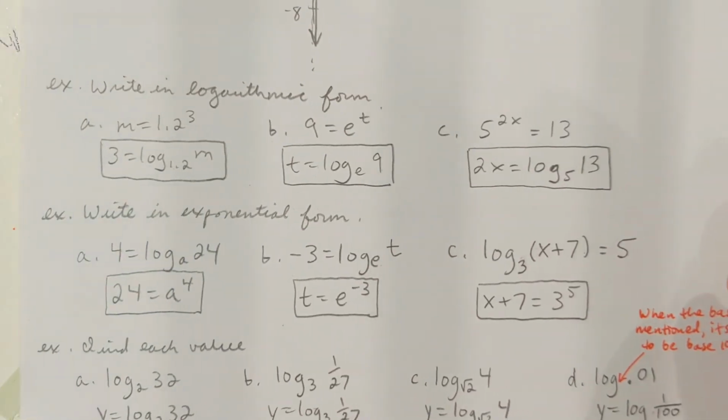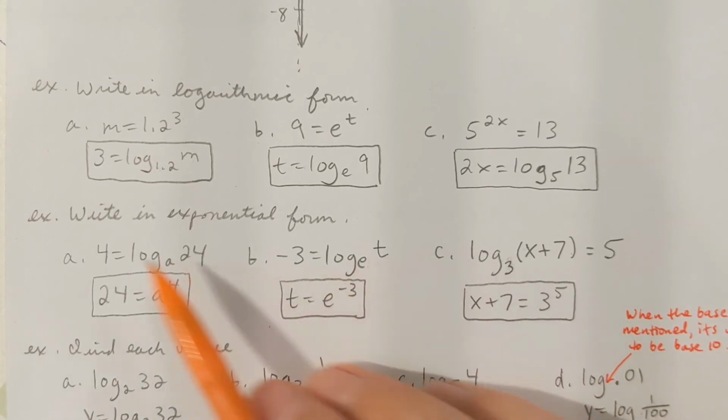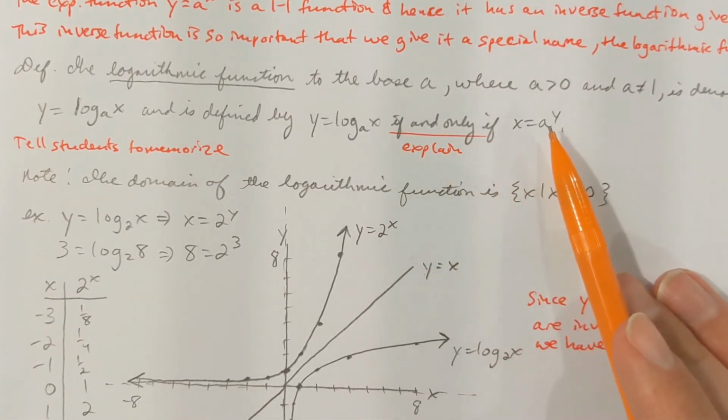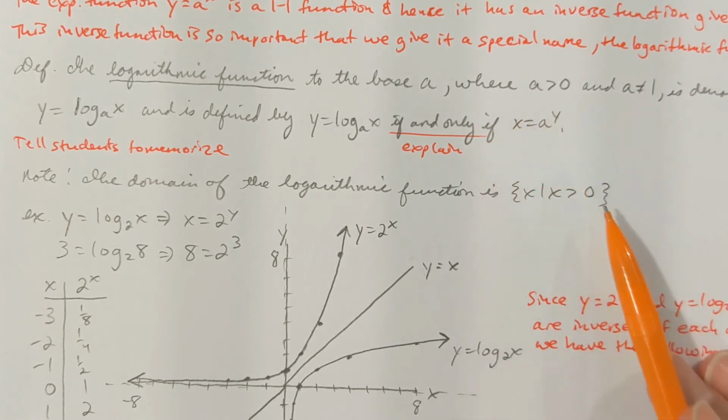Okay. Let's get some practice going the other way. In this next example, I have several equations that are in logarithmic form, and I want us to rewrite them into an exponential form. Same thing. I just simply identify what is x, what is y, what is a, and I need to write it into this form, x equals a to the y.